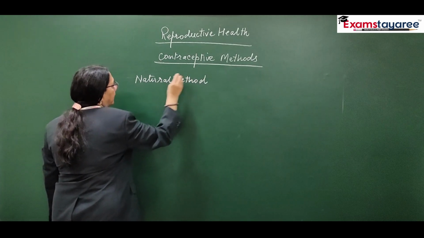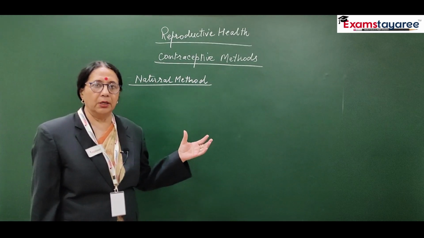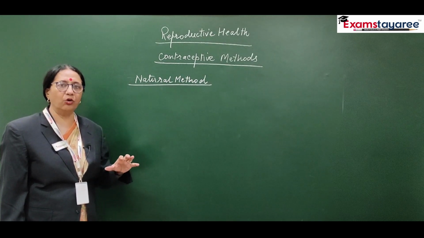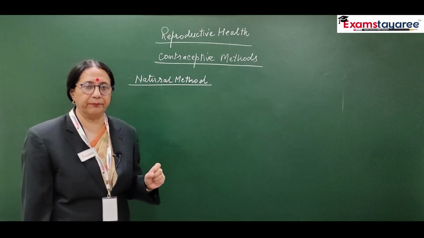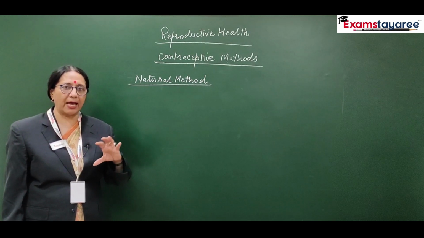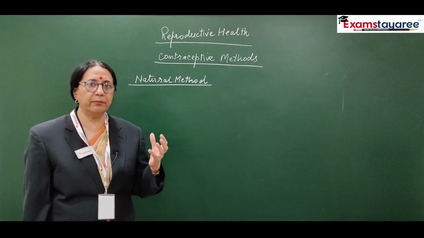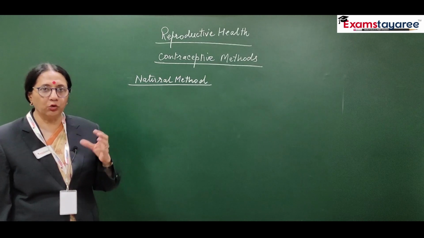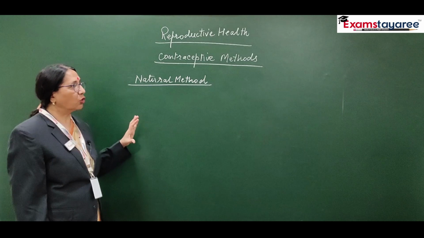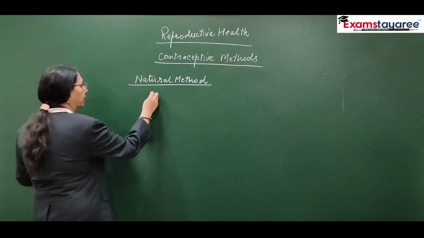Now natural methods follow a rhythm of menstrual cycle and ovulation period of a female. So by understanding one's own cycle and ovulation period, the rhythm can be used as contraception. So basically there are three methods under natural method.